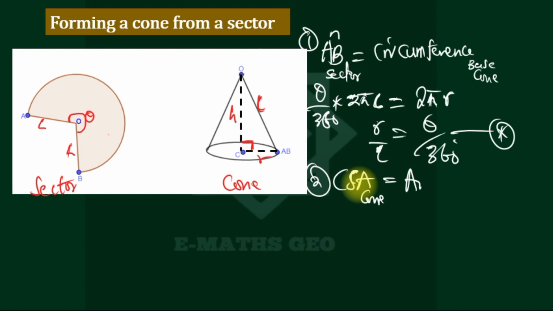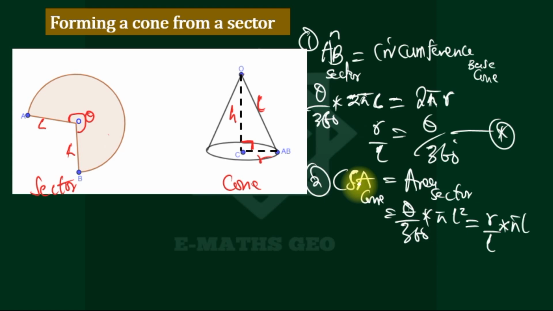That's the same material, so the area of the sector is the same as the curved surface area of the cone, and the area of the sector is theta over 360 times pi radius squared. Since r over l is the same thing as theta over 360, introducing the radius of the cone, we get r over l times pi l squared.